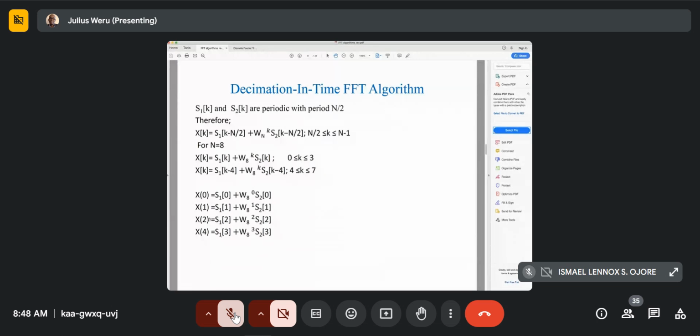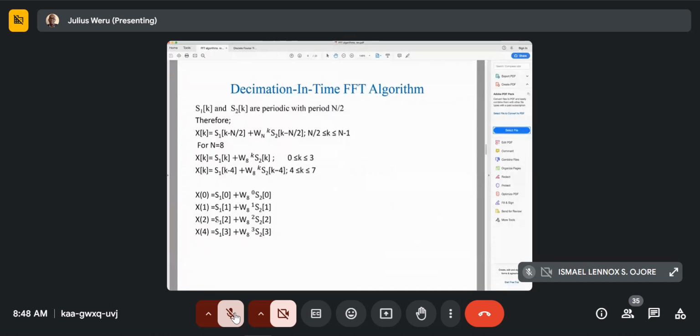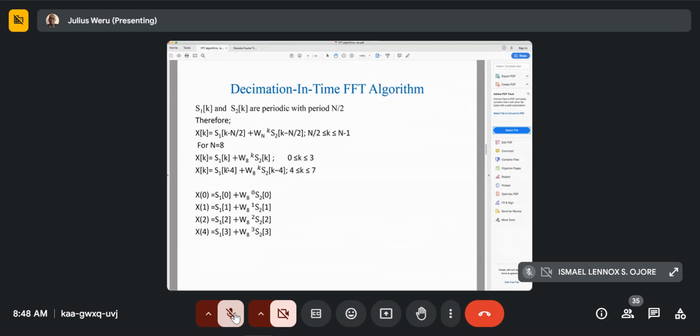Due to the periodicity, we can say x of k is S1 of k minus n over 2. These are the other samples.